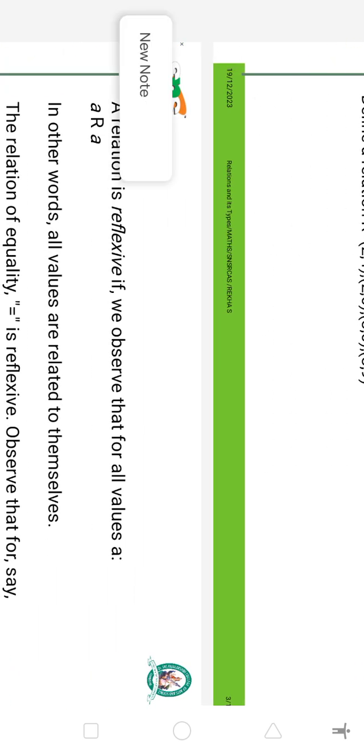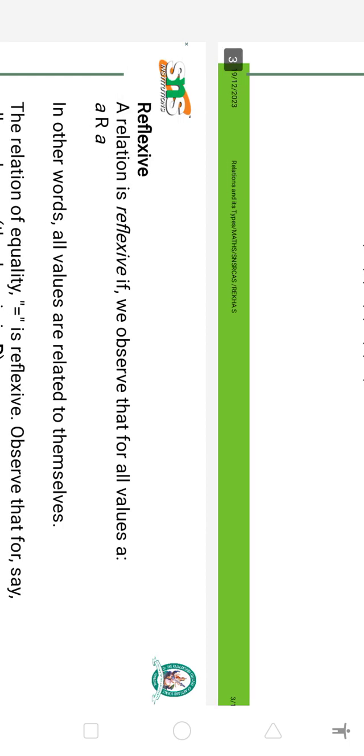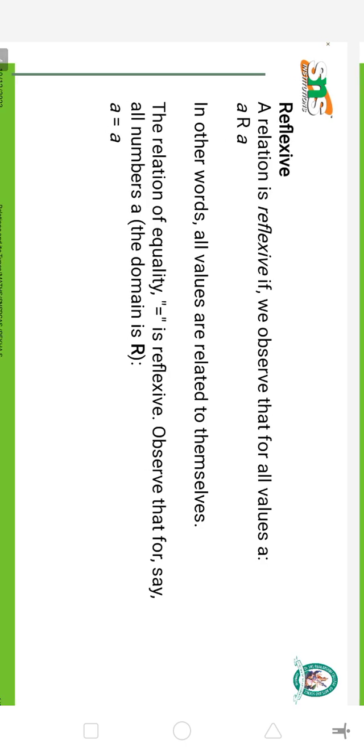We have different types of relations. One is reflexive, symmetric, transitive. What is meant by reflexive? Reflexive is nothing but A is related to A, and can be written as (A, A).